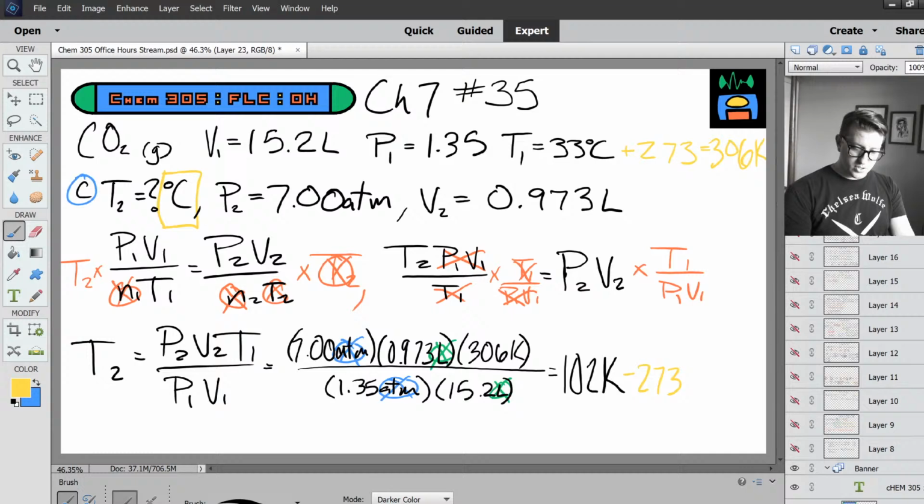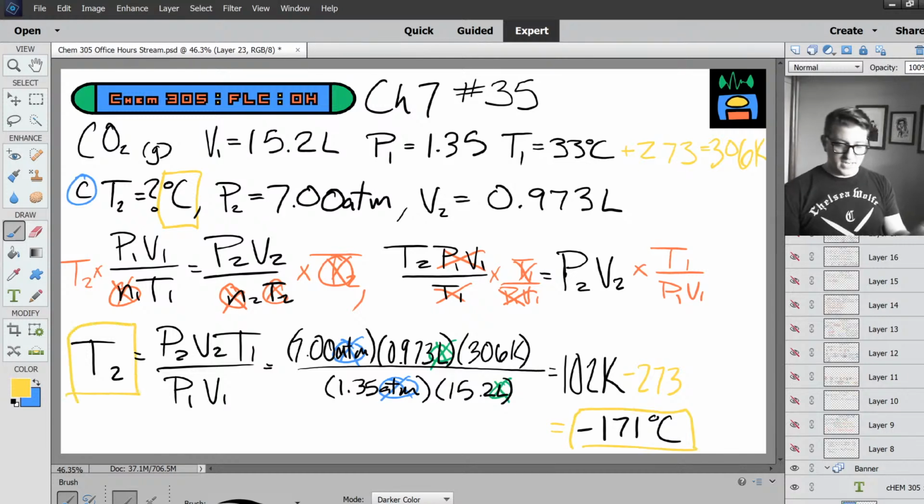And so our temperature in degrees Celsius will be negative 171 degrees C. And that is our final answer for final temperature.